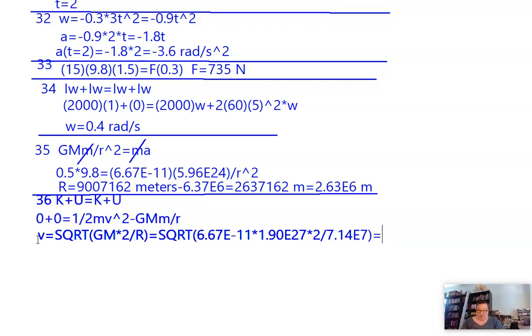So square root of 6.67 exponent negative 11 times 2 times 1.9 exponent 27 divided by 7.14 exponent 7, close parentheses, equals. So for that, I got 59,580 meters per second, which looks most closely like answer D.